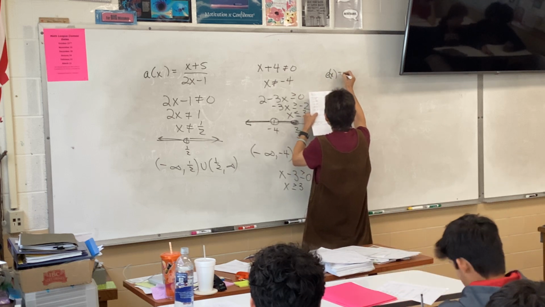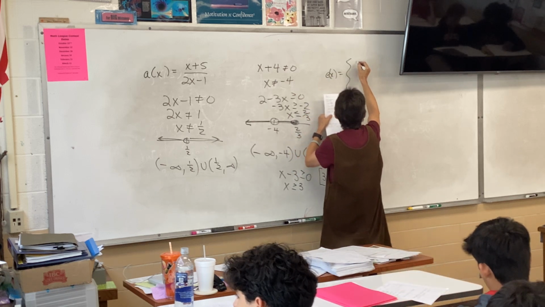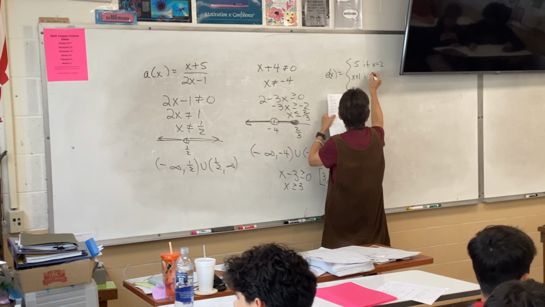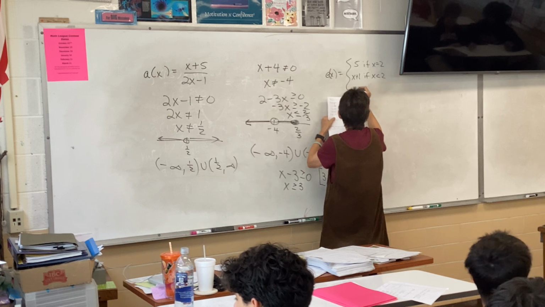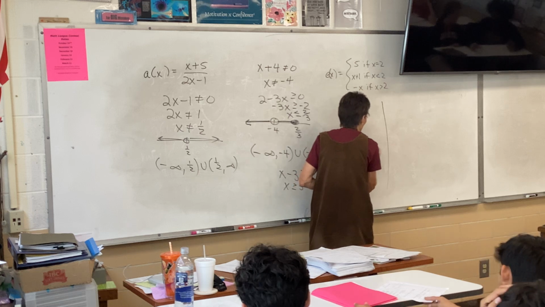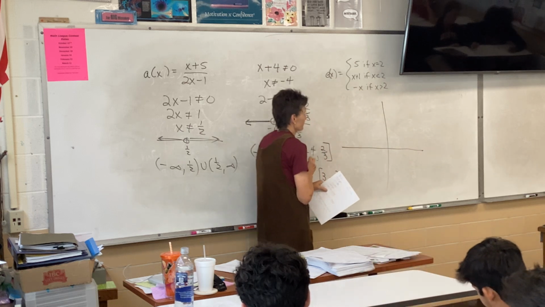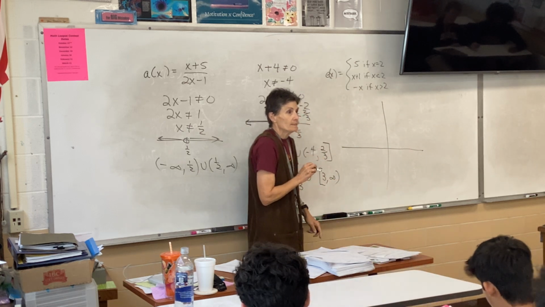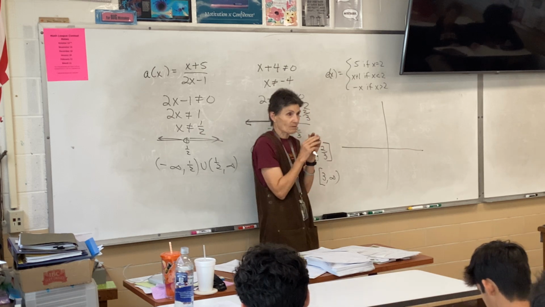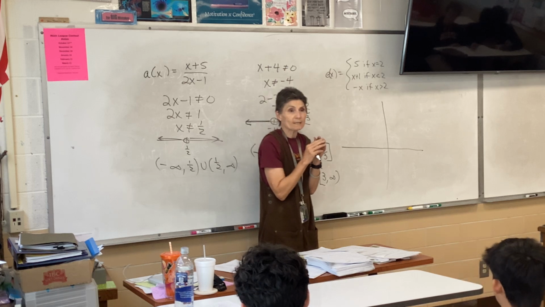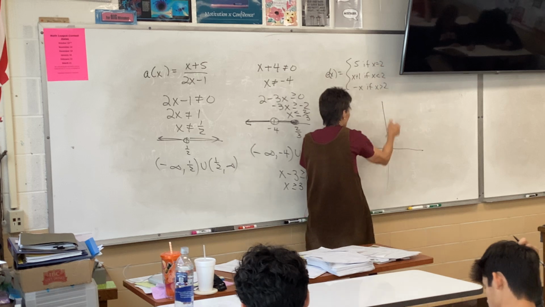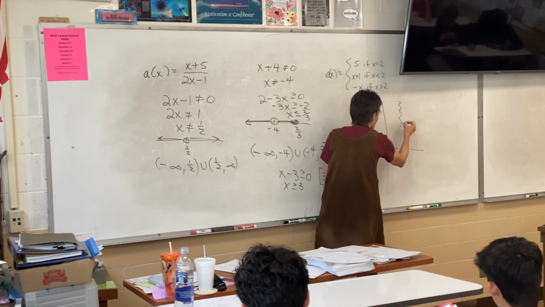Now we're going to do our piecewise function. All right, so here we go. Now, when you are a piecewise function, that means you are broken into pieces. And this part reveals the break, the crack.